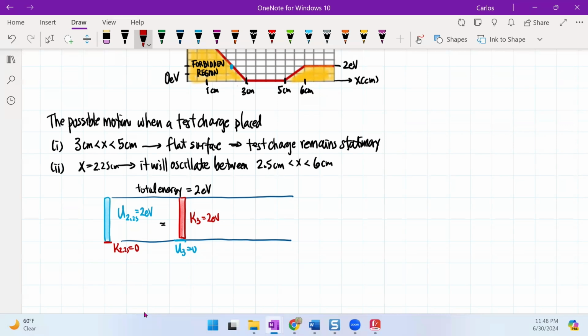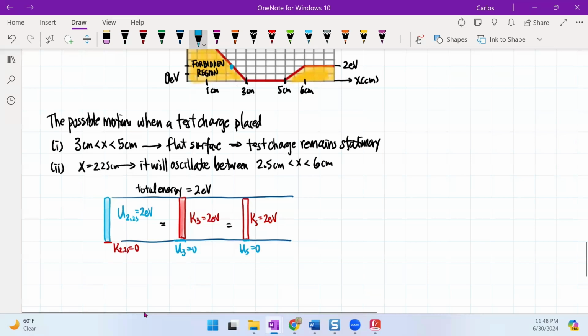Now if I go all the way to 5, that particle continues to move. And note that at 5 centimeters it is still 2 electron volts because there's no potential whatsoever. So at 5, the potential is still 0.